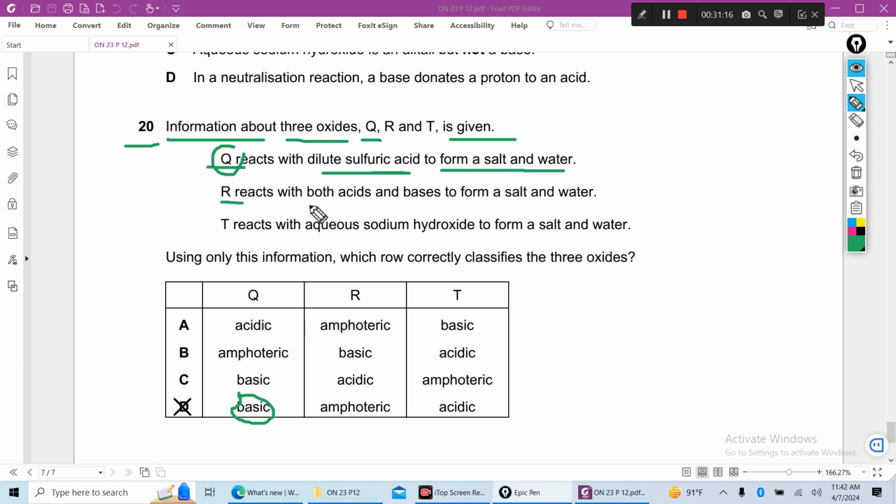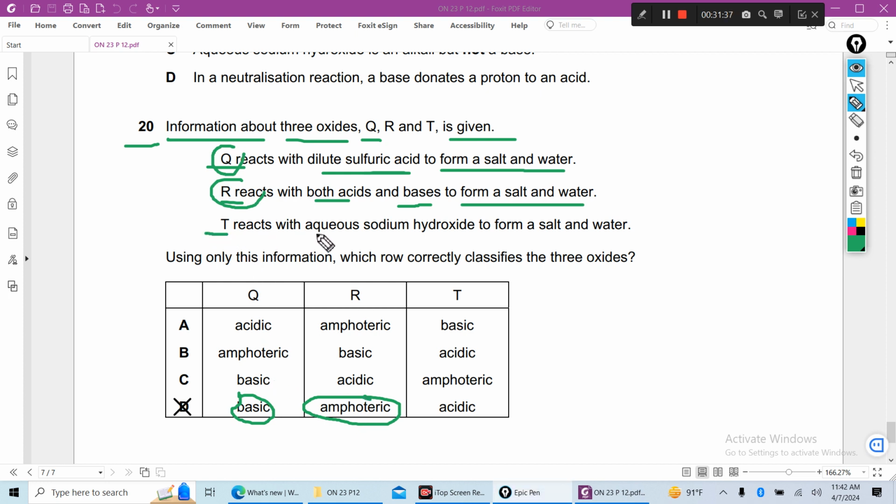R reacts with both acids and bases to form a salt and water. As R reacts with both acid and base, that means it is amphoteric. So R is the amphoteric oxide, because R reacts with both acids and bases.